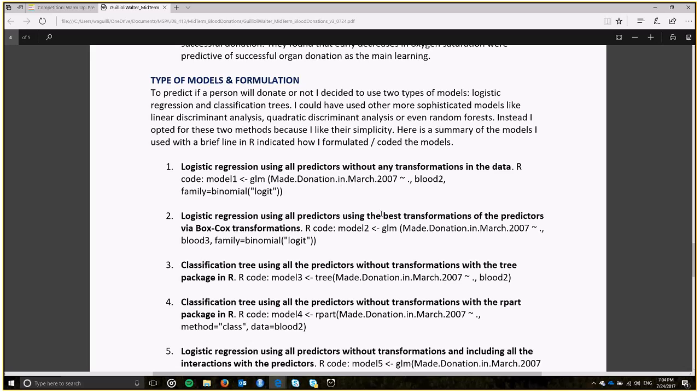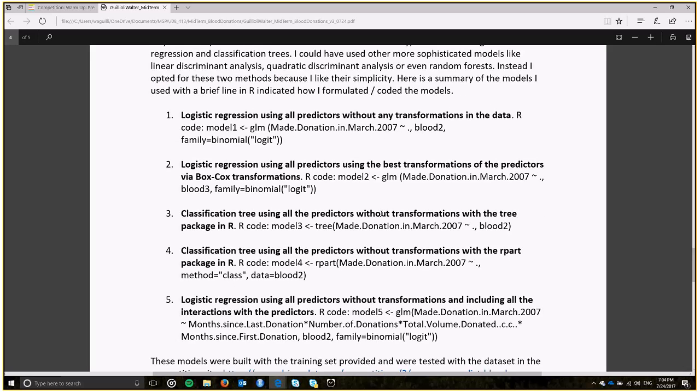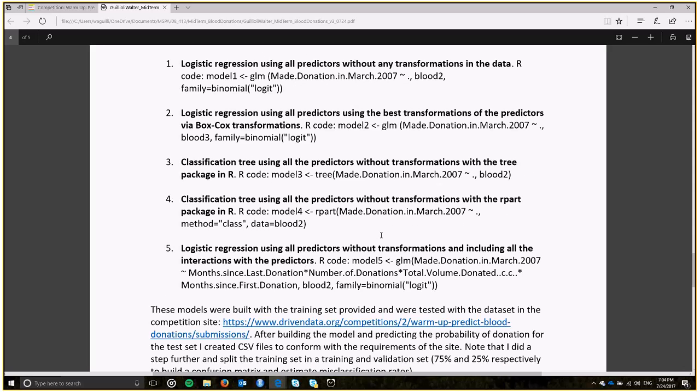And in fact, I got pretty good results in the competition. So I did a combination of logistic regression and classification trees, using the data transformed or not transformed. And finally, number 5, I did all the interactions with all the predictors, something I haven't really done before, but I saw our professor Doug Larry doing it, so I decided to do it, and actually that was the best model.